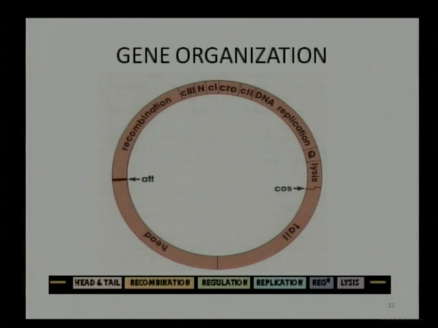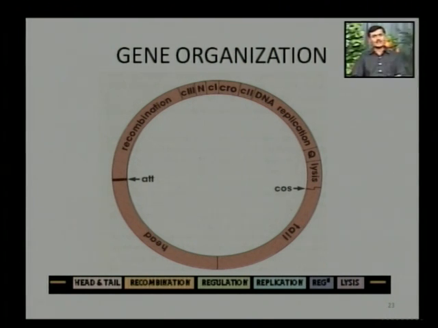Now, though our main topic of today's discussion is the regulation of lysogeny, we must have some basic idea regarding the overall genetic structure of these bacteriophages. As you can see on the screen, this figure shows the overall gene organization, or the genetic map, of a typical lambda bacteriophage. At the bottom are the structural genes, mainly the head and tail genes.